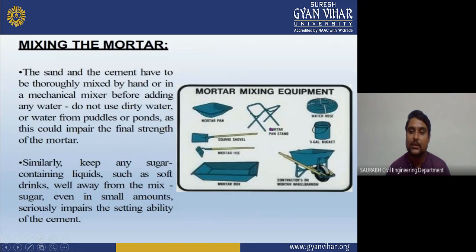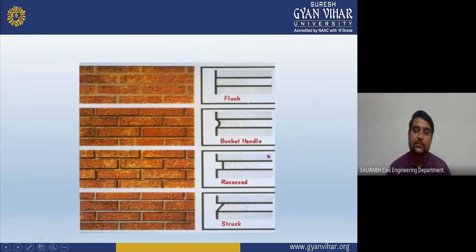First one is a mortar pan, mortar pan stand, there is a water hose, and there is a 5 gallon bucket which is used for the water work, and this is your contractor or labor vehicle we can also say, and this is your measuring height, and this is your square trowel, and this is your image of the strike and the flush and bucket handle and rest.